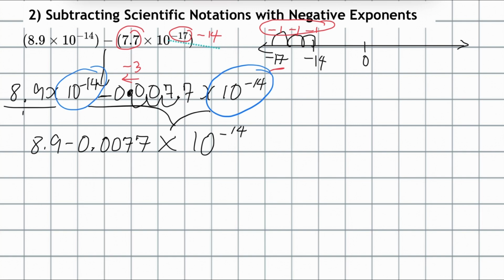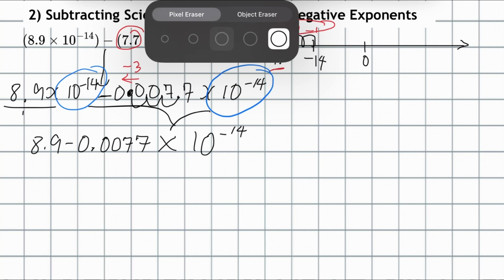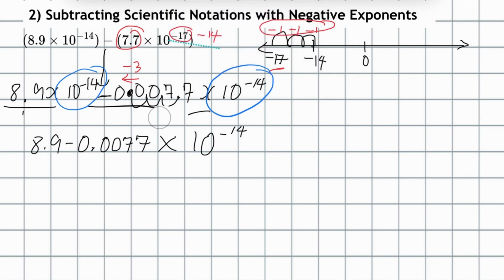We don't need to make any changes whatsoever. So what happens in addition and subtraction is that once the exponents are the same, we just have one, they just combine without any changes whatsoever.